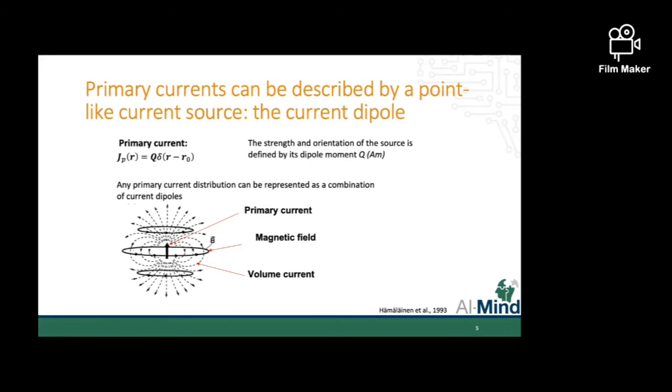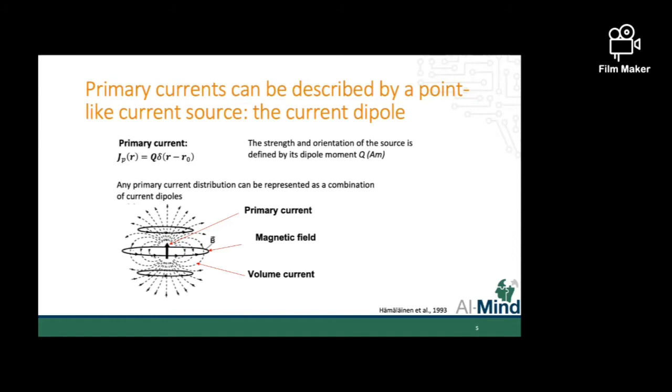Another useful construct when we talk about currents in the brain is a current dipole. Any primary current can be described by a point-like current source. These dipoles have a strength and an orientation, but they have no extent, they are point-like.